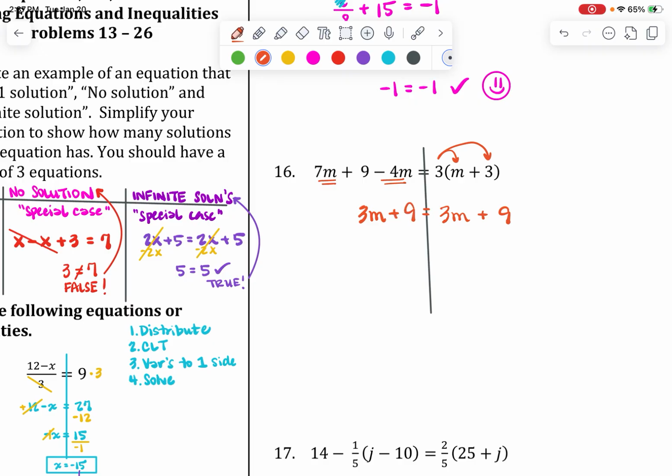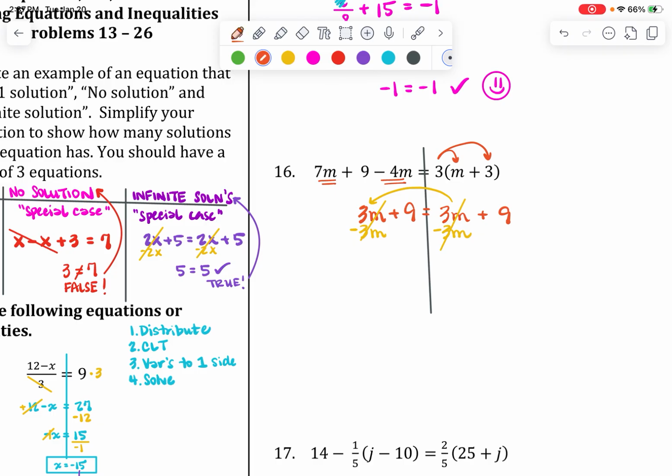And then remember, once we distribute and combine like terms, our next step is to get all the variables to one side. Well, let's say I want to take those 3m's on the right and move them to the left, in which case I would be subtracting them. I'm like, whoa, my m's go cancel. All right, all the m's disappear because everything gives me 3m minus 3m, which is 0.